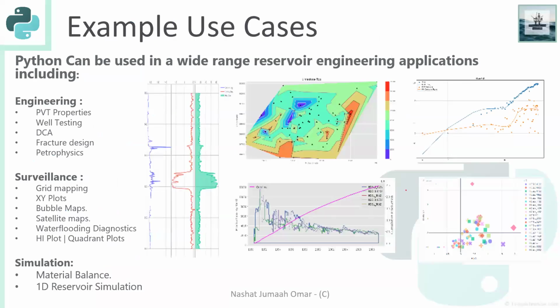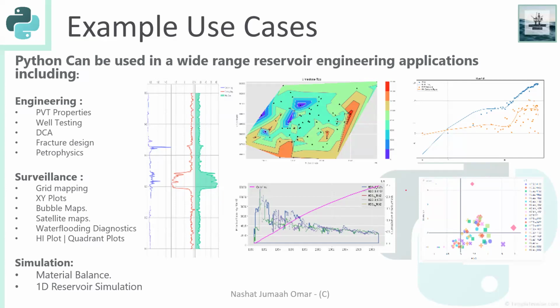You can do lots and lots of analytical examples, or empirical analysis, with Python. You can do reservoir engineering applications like PVT, decline curve analysis, fracture design, and petrophysics. You can do some surveillance with this. You can do grid mapping. You can do advanced XY plotting, or even create more customized and advanced bubble maps where different colors and shapes denote different wells.